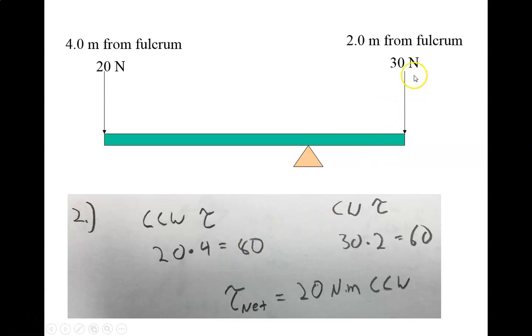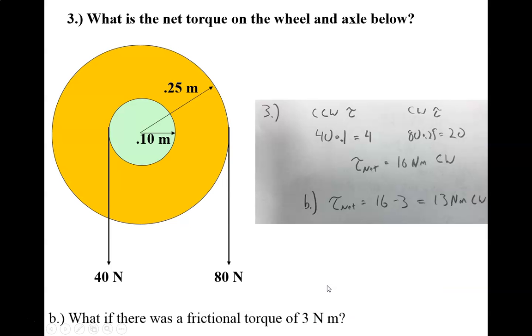Over here, we've got a lever arm of 2 and 30 newtons, so we've got 60 Newton meters of clockwise torque. These are just like ups and downs. They cancel out partially because they're in opposite directions. So what's left over is 20 Newton meters in the counterclockwise direction. That would be the net torque.